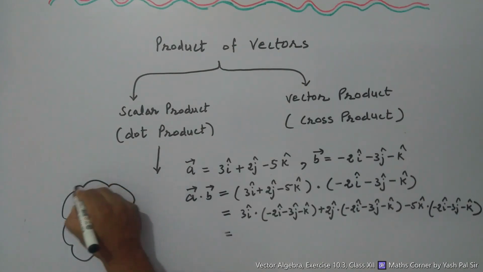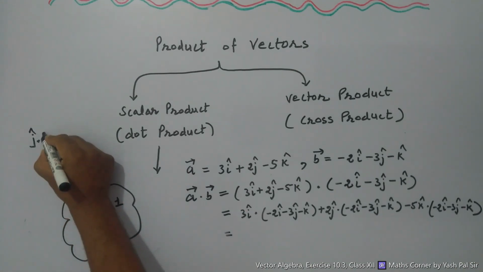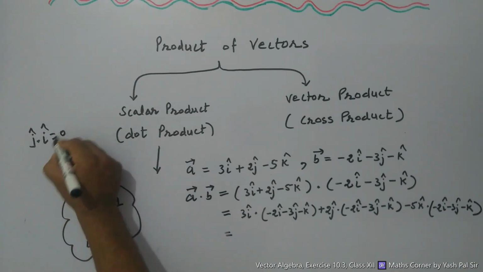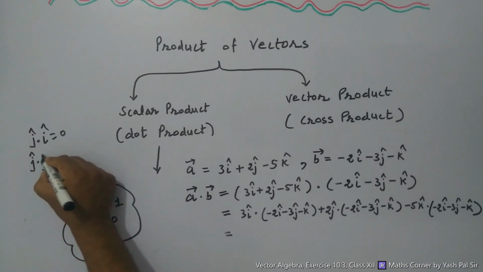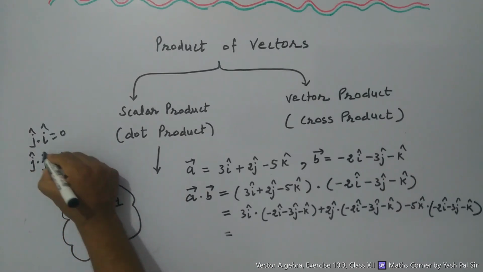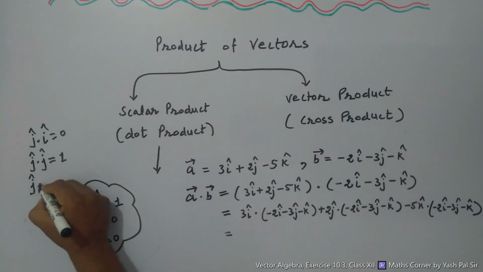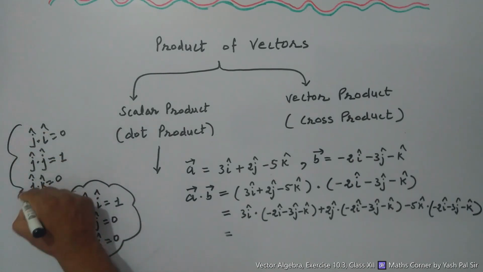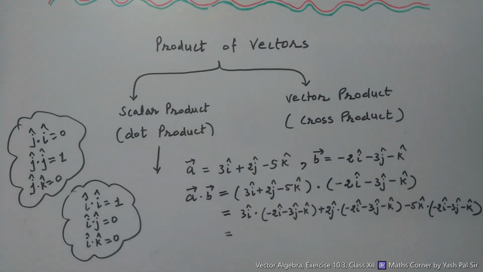Similarly, we have j dot i equal to 0, j dot j is equal to 1, j dot k is also equal to 0. So we follow this process.